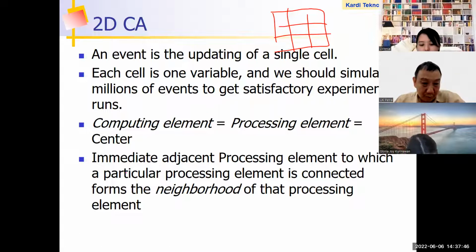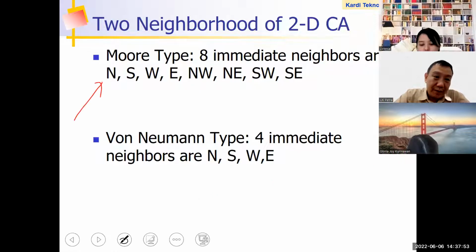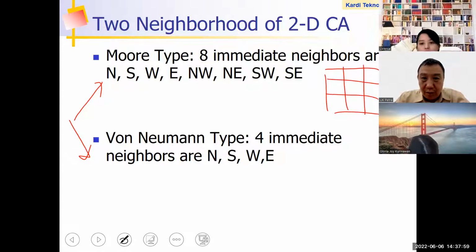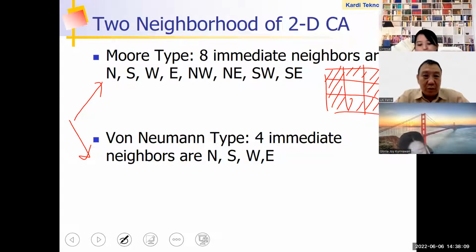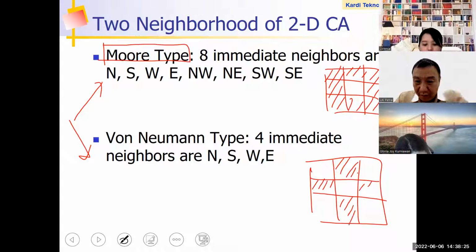Based on the 3 by 3, we have two types. If you have all 8 neighbors, the 8 immediate neighbors, we call this the Moore type. Moore is the name of a person. Then von Neumann, the one who also created game theory, used something very simple, only four neighbors: north, south, west, and east.